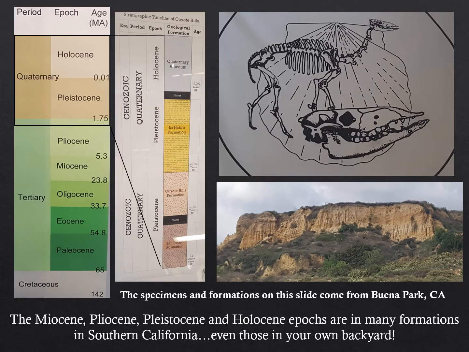So the Miocene, Pliocene, Pleistocene, and Holocene, again, the latter two being more common here, we have a lot of fossils from those formations. And again, these images come from the Ralph B. Clark Regional Park Interpretive Center.